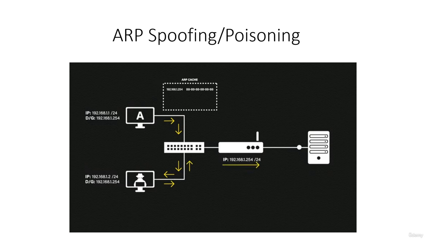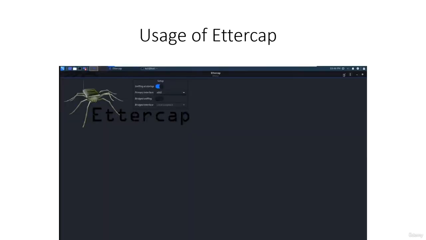So let's see how we can use a tool like Ettercap to achieve such a task. First, how to use Ettercap. If you have the Kali Linux operating system, then the Ettercap program is installed by default. Ettercap has a graphical interface that is very beginner friendly, unlike many programs that are command line only.